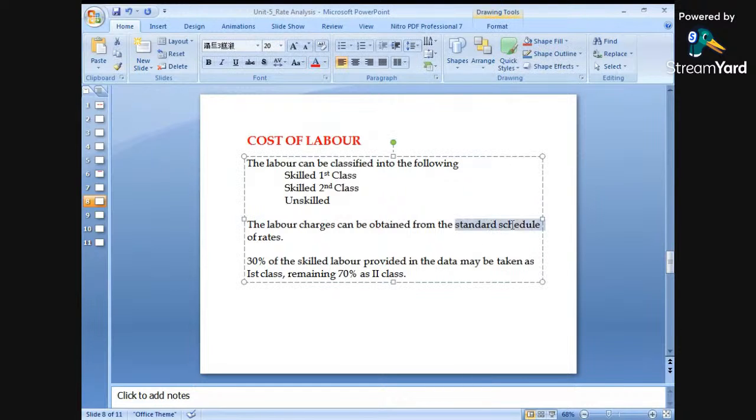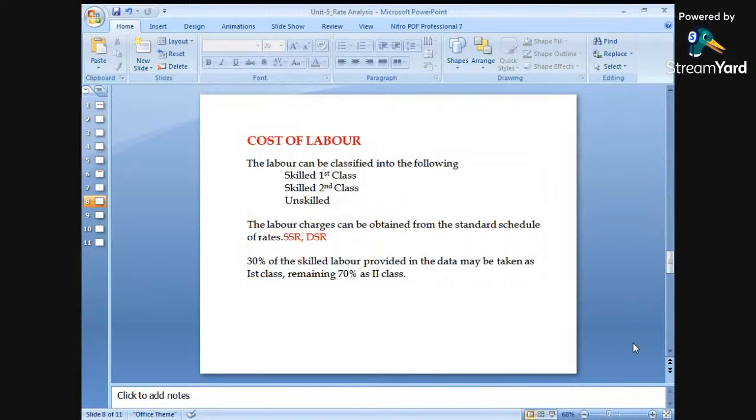Again, there is SSR. In short, it is called SSR, the standard schedule of rates, or it is also called DSR, that is the district schedule of rates. There is a copy available with the government departments.